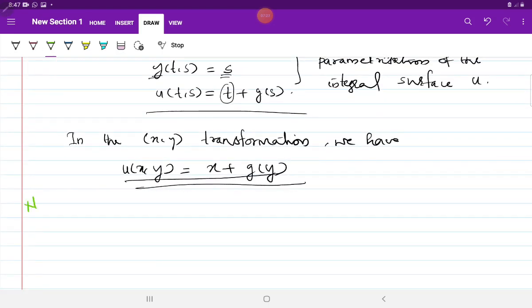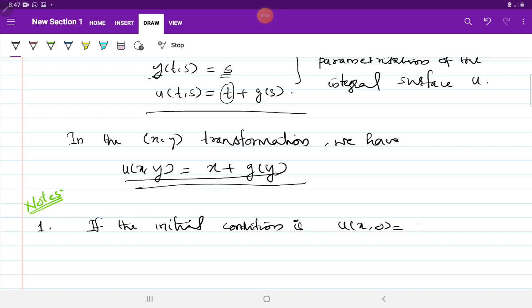Now we may consider some notes. First one: suppose we take the initial condition instead of u(0, y) as u(x, 0) equal to some function of x.